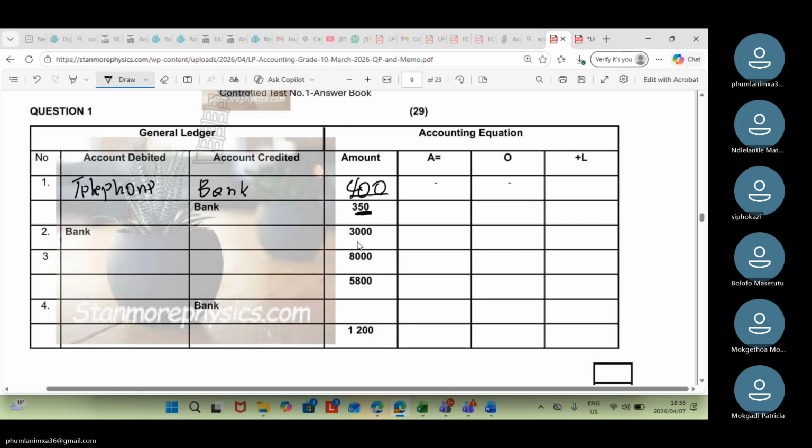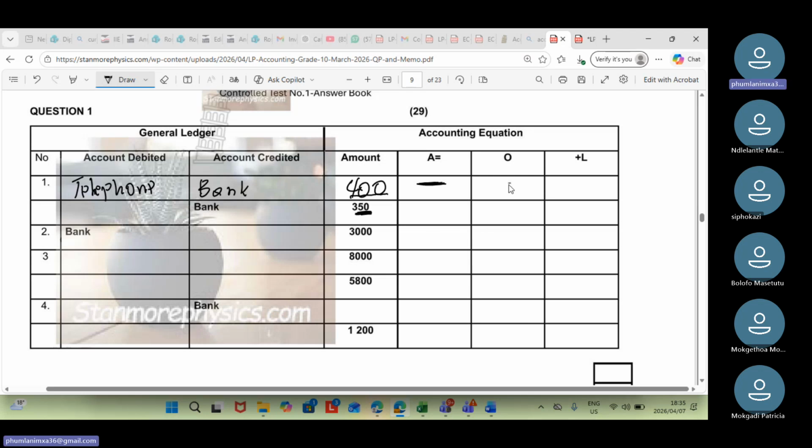So what will happen now on the accounting equation? On the accounting equation, our assets are decreasing, minus. Why? Because we are taking money away from our bank account to pay for telephone. Bank is decreasing, assets are decreasing.